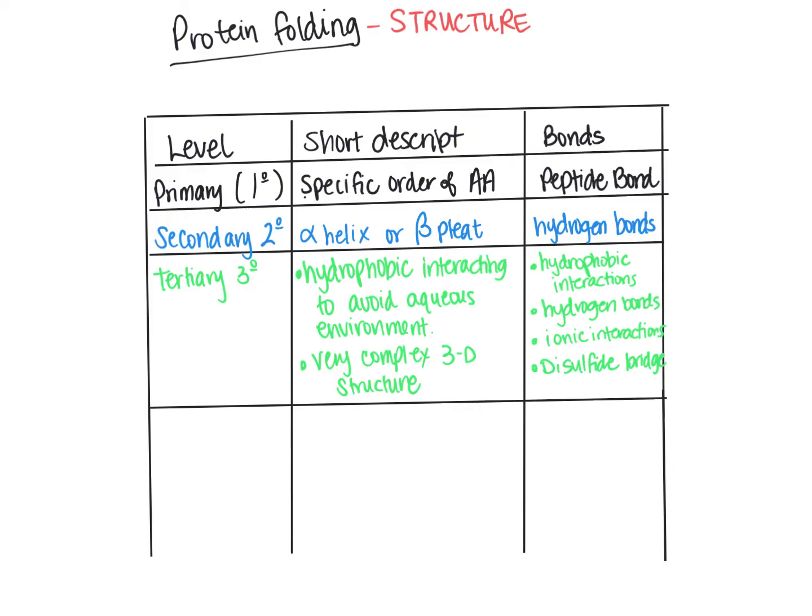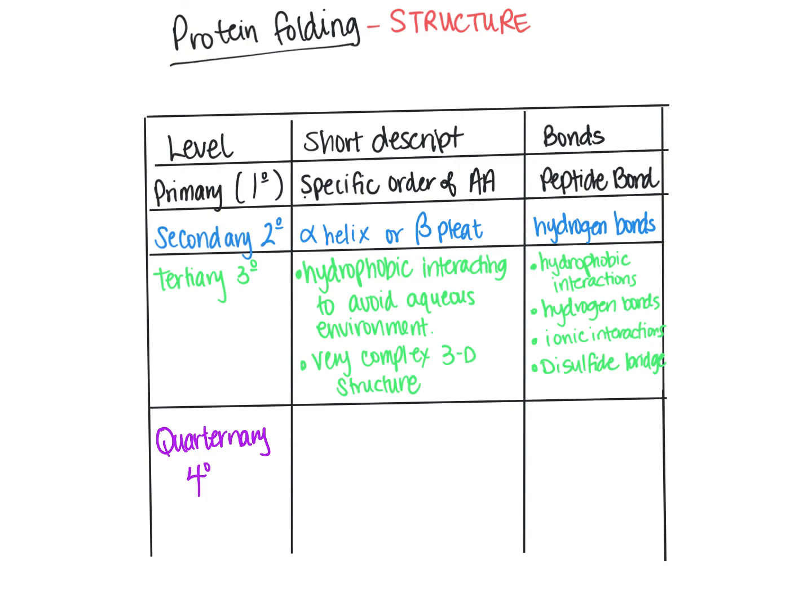Now, the last level of protein folding is what's called the quaternary level of protein folding. And in quaternary level of protein folding, this is where you get multiple chains coming together to form one functional protein.